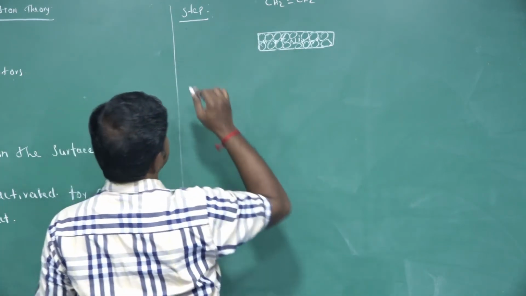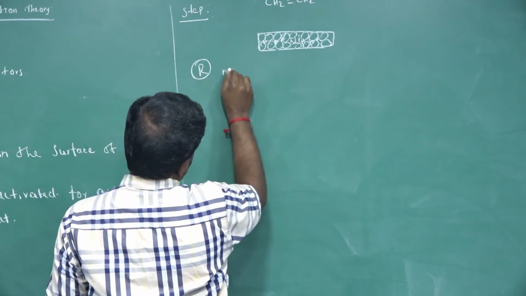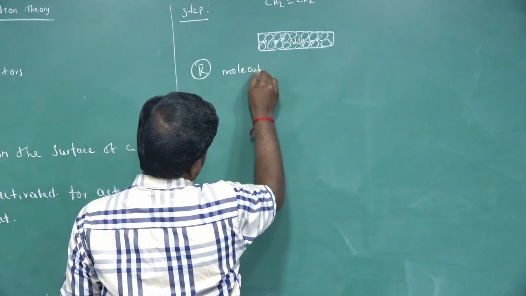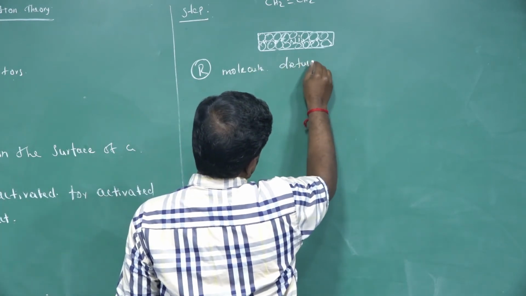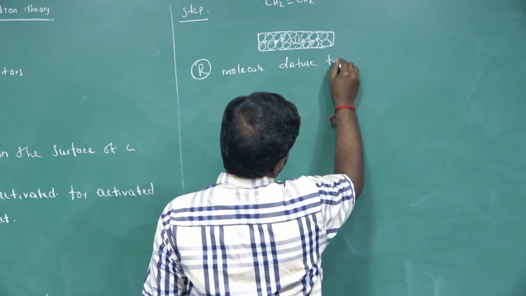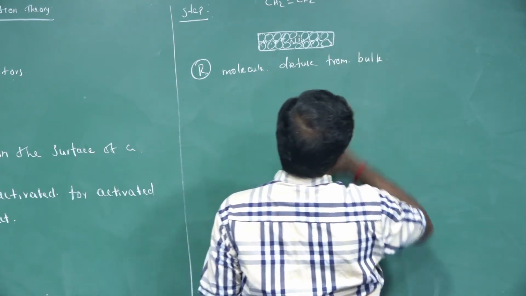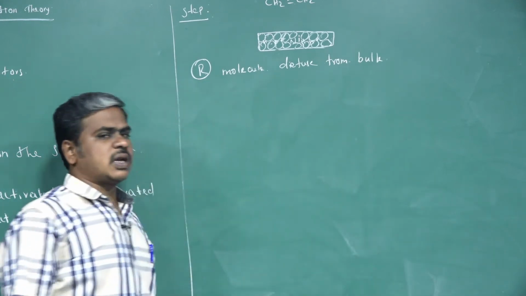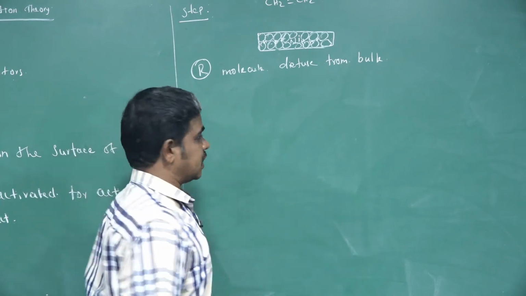So that is step 1: the reactant molecule diffuses from the bulk and comes near the surface of the catalyst.